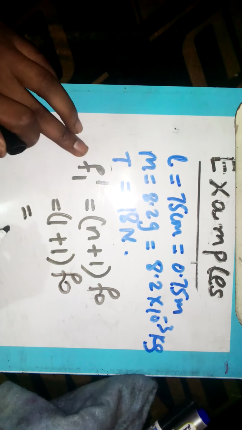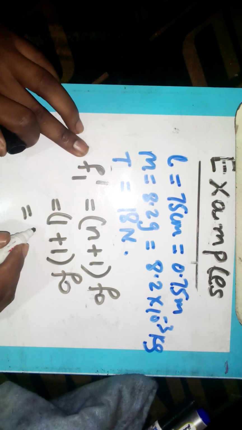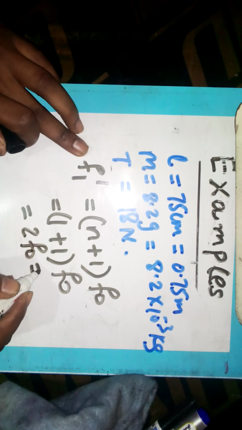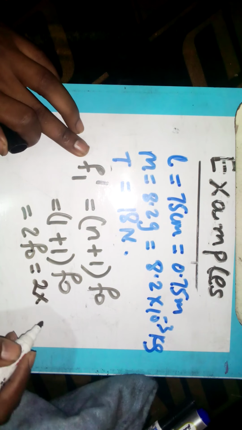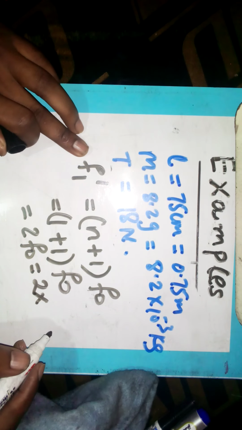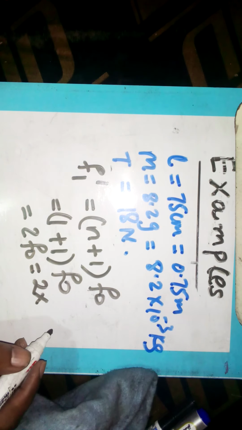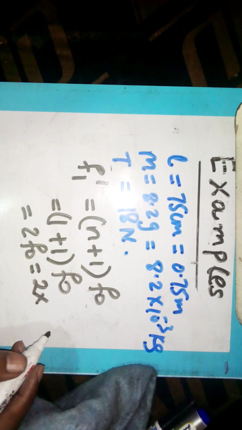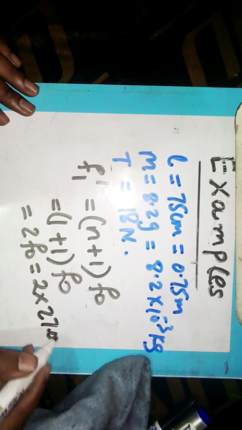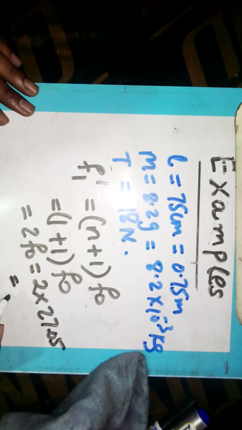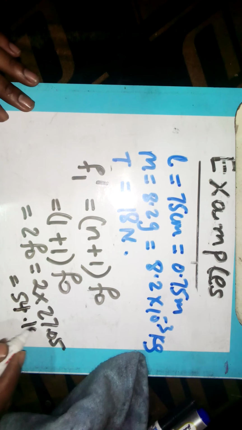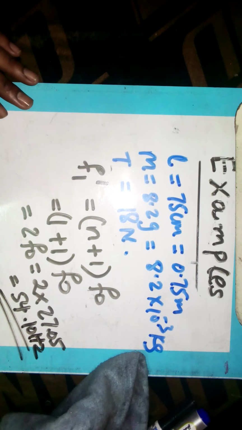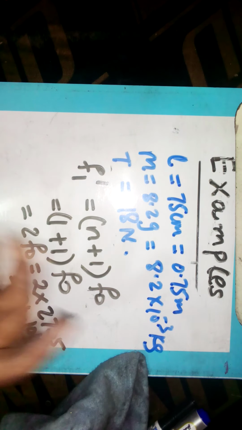The first overtone is the same as 2 F naught, which is 2 times the fundamental frequency, where the fundamental frequency obtained was 27.05. After substitution, you'll find that the answer is 54.10 Hz. Therefore, you can use the alternative or the formula to get the first overtone.